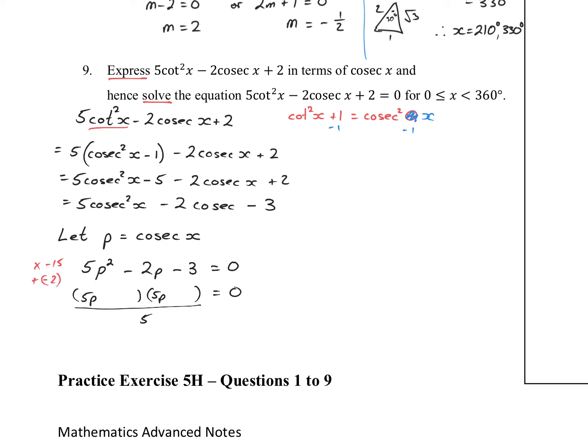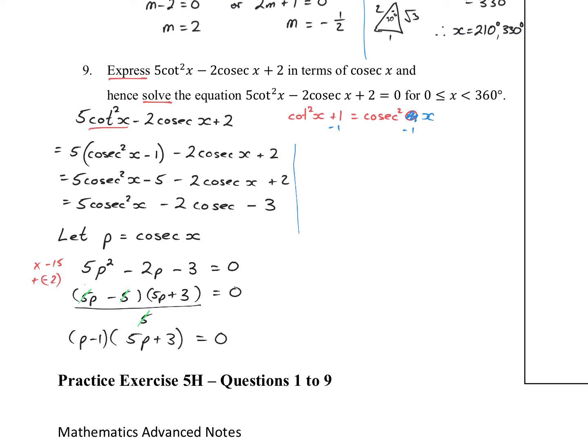Negative 5 plus 3. So 5p minus 5, 5p plus 3. I'm bringing my 5 out the front essentially and dividing by 5. So we're left with p minus 1, 5p plus 3 is equal to 0.